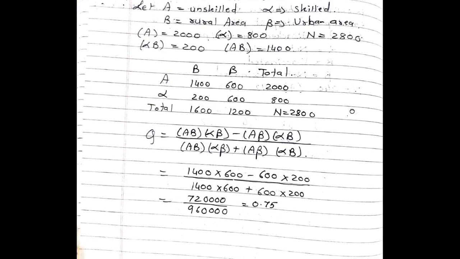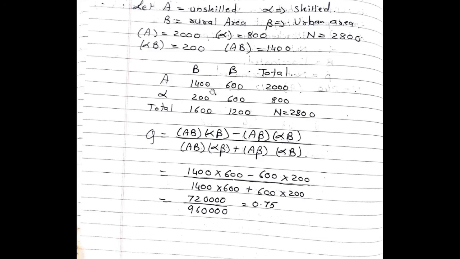Now write down the 2 by 2 contingency table. A, alpha, total, B, beta, total, and N. So value of N is 2800. Value of frequency of class A is equal to 2000. Frequency of class AB is given as 1400.